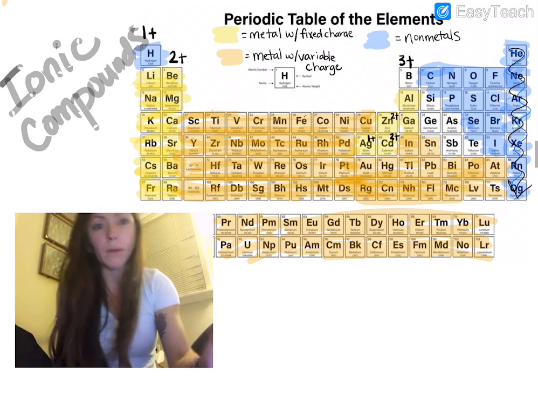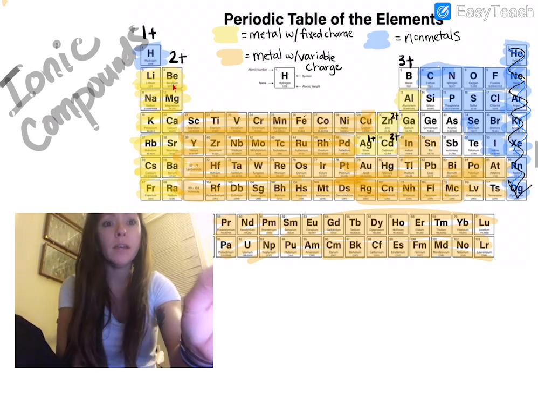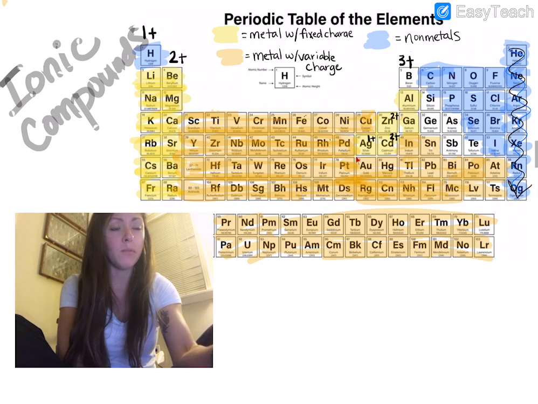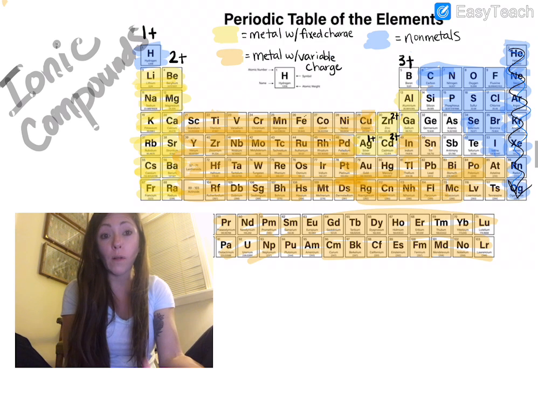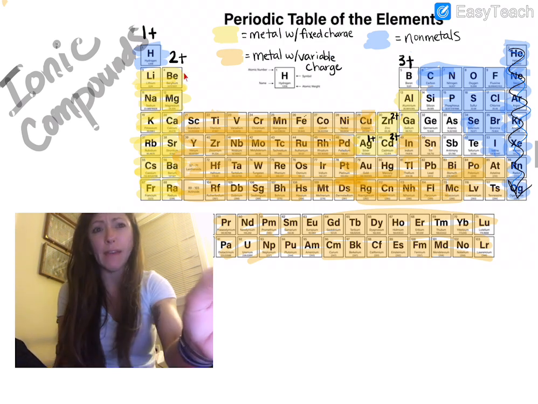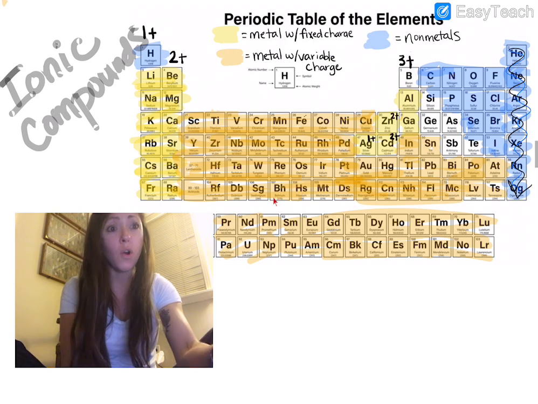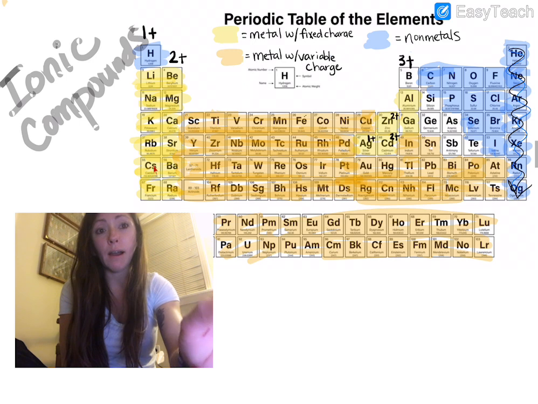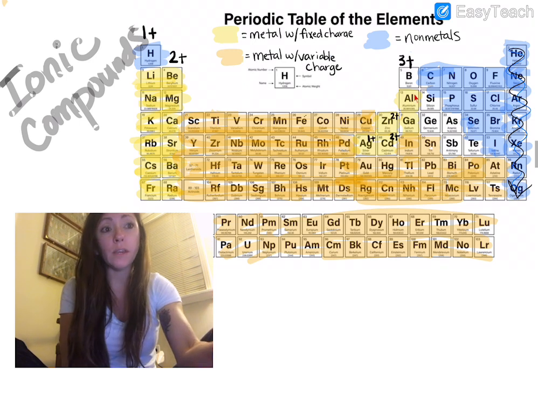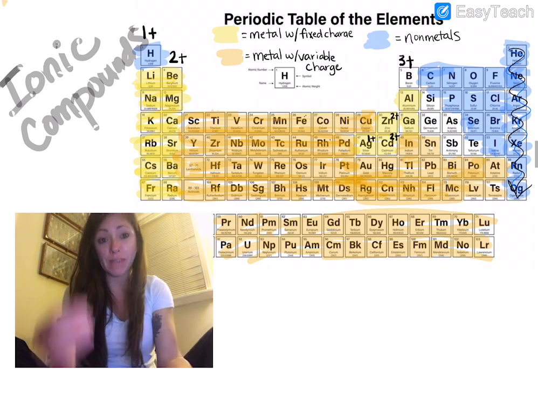What I want to point out is that you have a huge portion of the table that is colored either this light orange or yellow color. These are all metals that get involved in ionic bonding, okay? Everything you see that is yellow or orange is a metal. The metals with the yellow highlighter are the metals that have definite fixed charges.